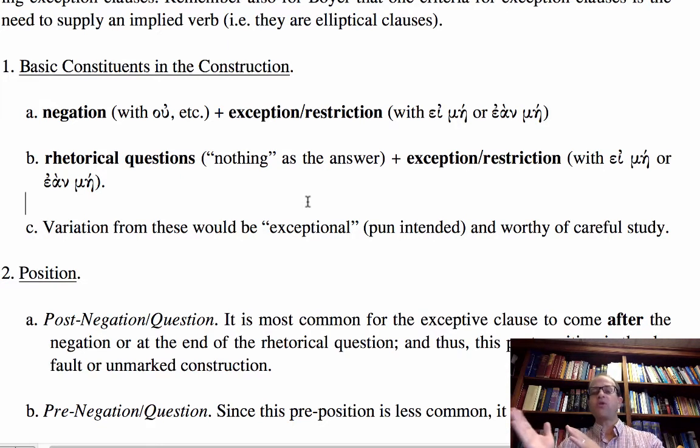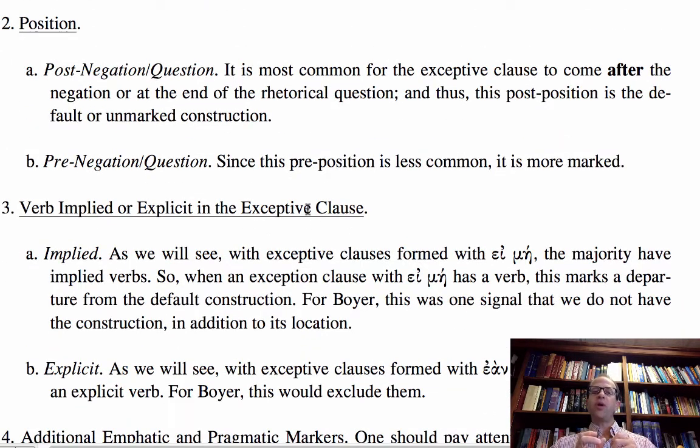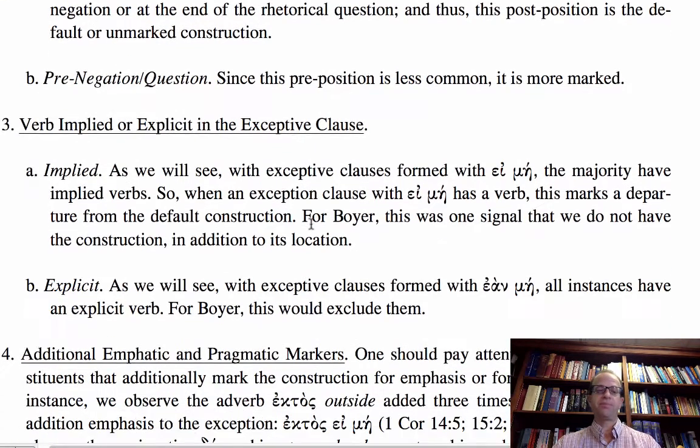Or you'll have a rhetorical question that expects a no or a negative answer, and then the exception. The positioning will usually be after the negation, but sometimes you do have some placed forward. If the exception clause is placed in the forward position, that's a more marked placement.